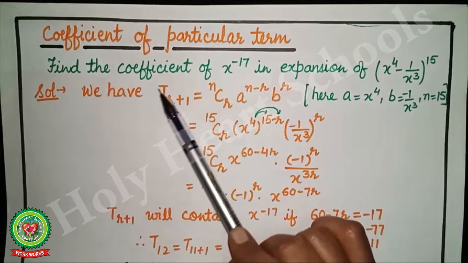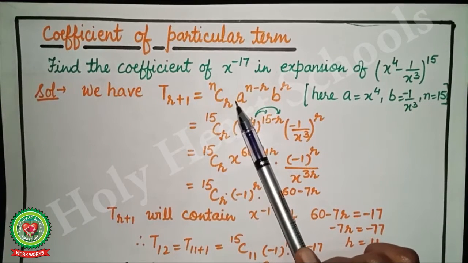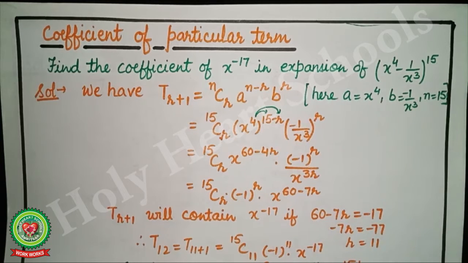So we have T(r+1) = nCr a^(n-r) b^r. Here a = x^4, b = -1/x^3 and n = 15.